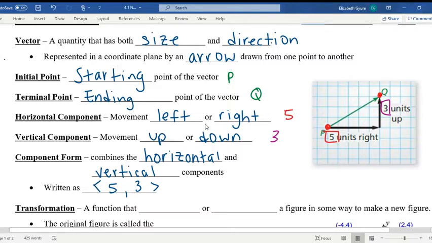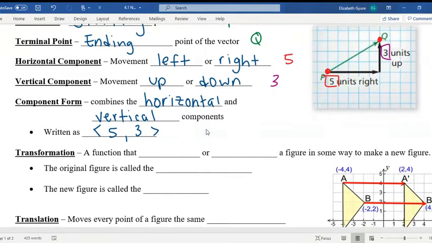Okay, all right. So now we use these things, our components and horizontal movements, vertical movements. We use them in transformations. A transformation is a function that moves or changes a figure in some way to make a new figure.